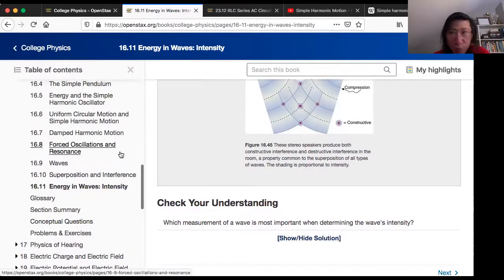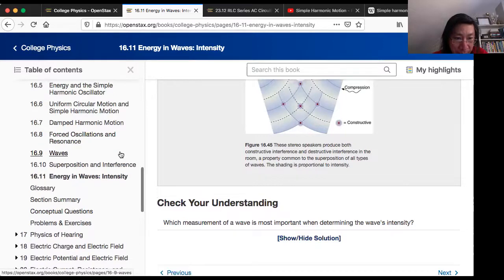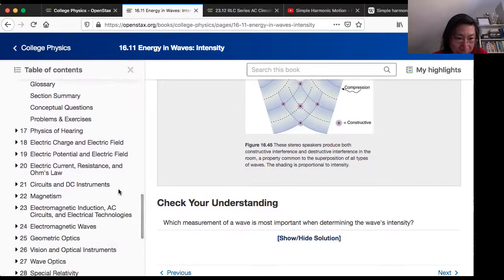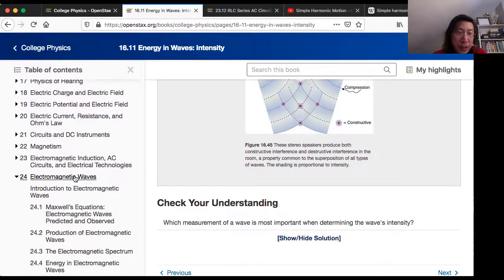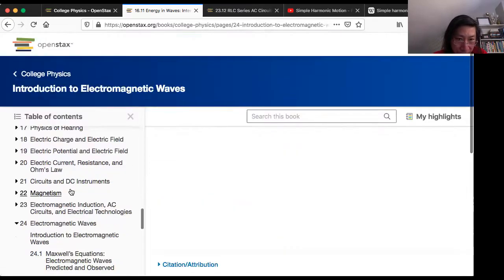Energy. And it's definitely worth spending this time to remind ourselves about waves and about oscillations, because this is going to be the rest of the cool science, because we're going now to this part. Chapter 24, electromagnetic waves. Okay.